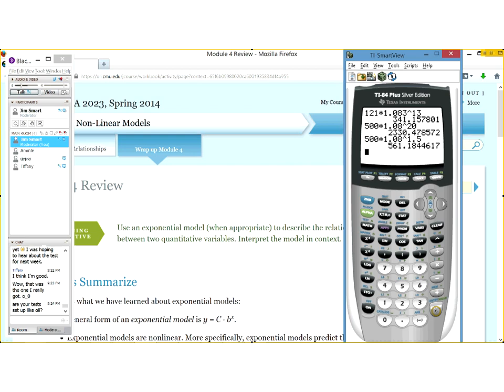Skills, being able to do stuff on the calculator, that's not that important to me. So there's not that much you have to know on the calculator.